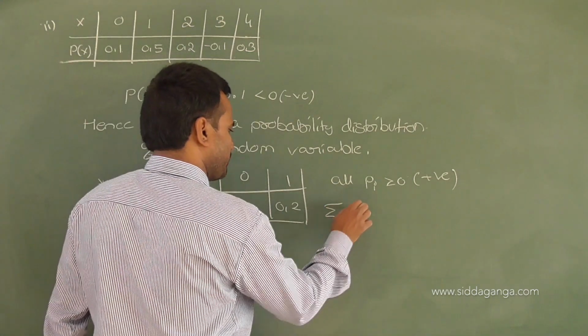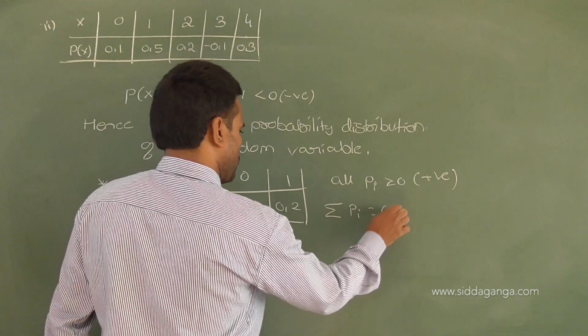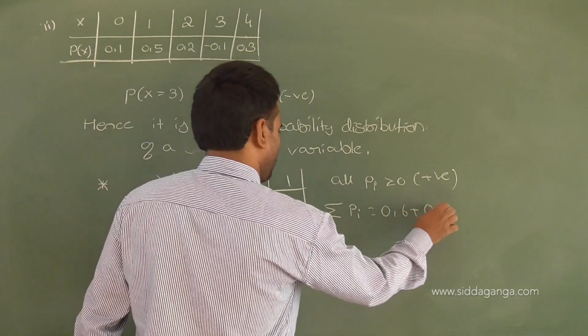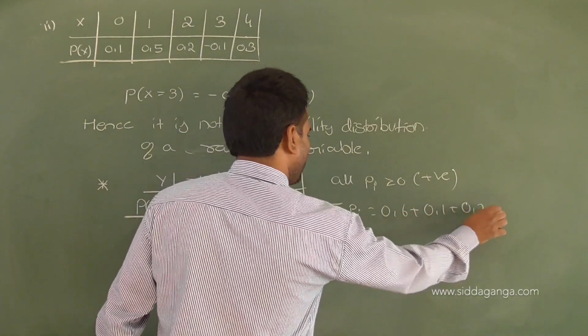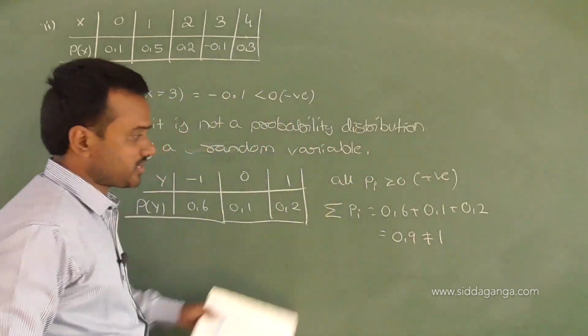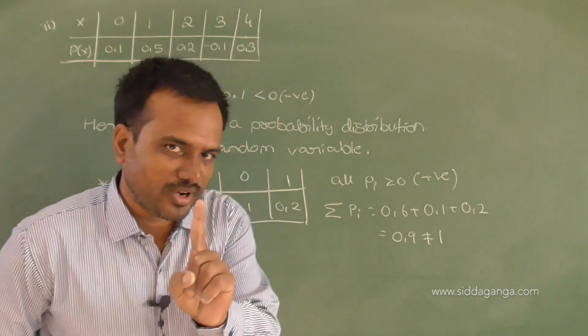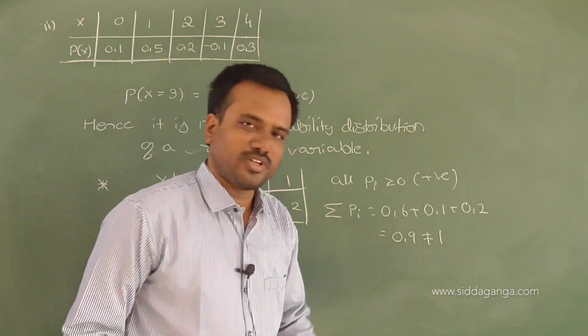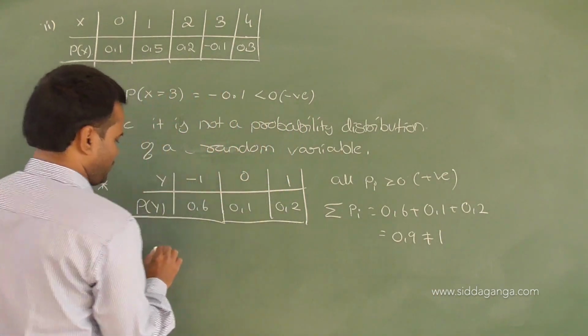Summation of Pi: 0.6 plus 0.1 plus 0.2 is equal to 0.9, not equal to 1. This is the reason. If it is a probability distribution, sum of Pi is always equal to 1.